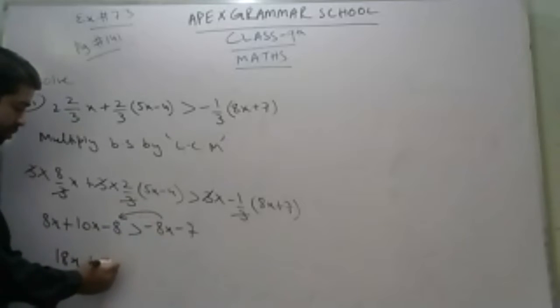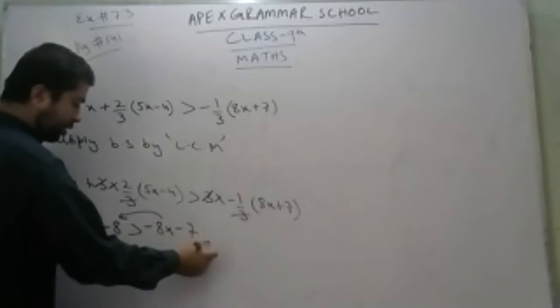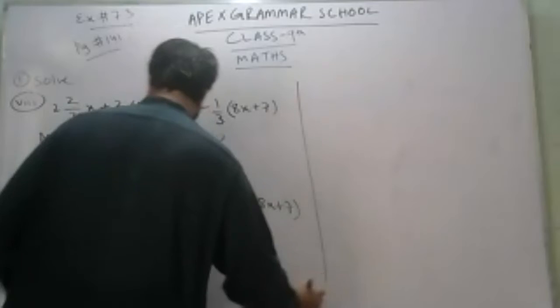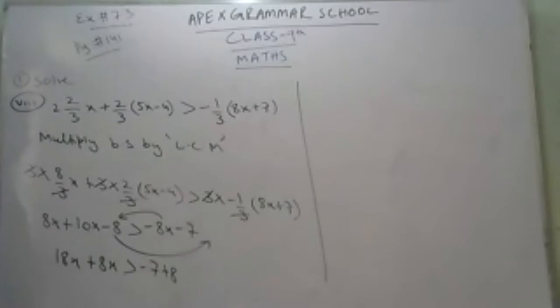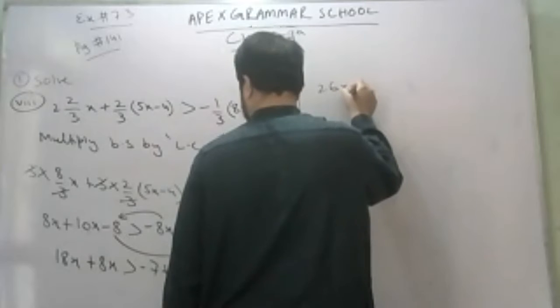This sign will be positive, and minus 8 and minus 7 and then plus 8. 18x plus 8x will make 26x.